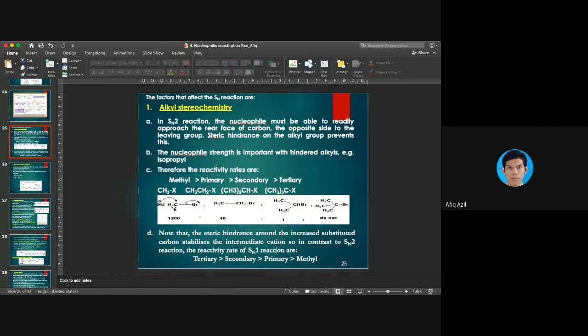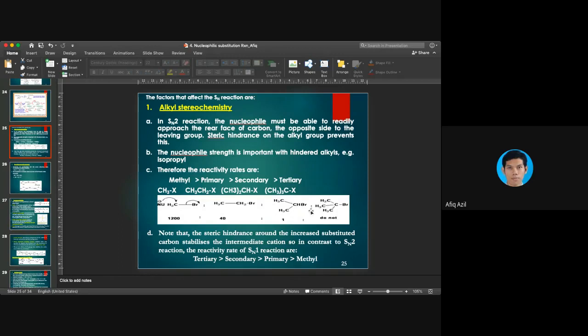Okay, this is methyl. Example, this is primary, this is secondary, and this is tertiary. So if you have nucleophile coming in to attack this carbon, it will be easier for this methyl group, for this primary, than this one and this one. Okay, because you want to attack from the back. So here, it can attack from this.